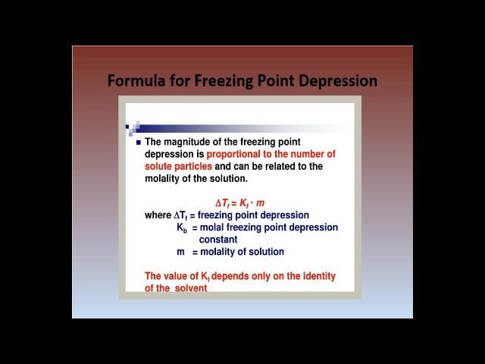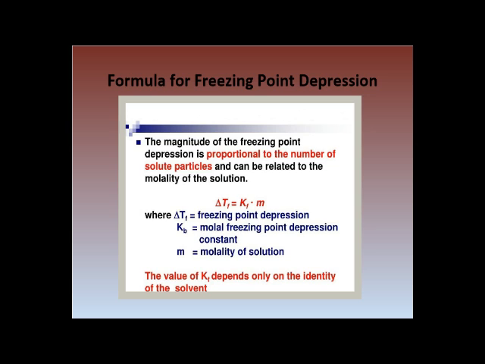So when we see about this Kf value, it depends only on the identity of the solvent. When we see about Kb, the molar boiling point elevation constant, that constant value also depends on the identity of the solvent.